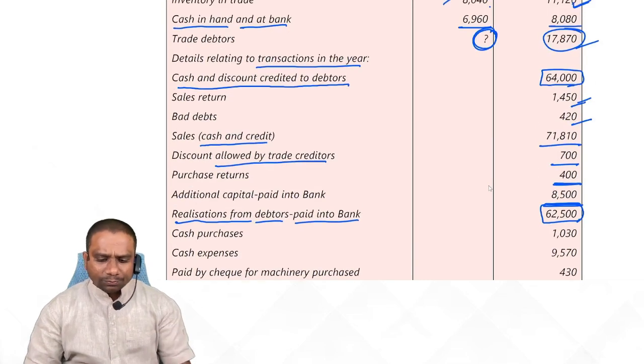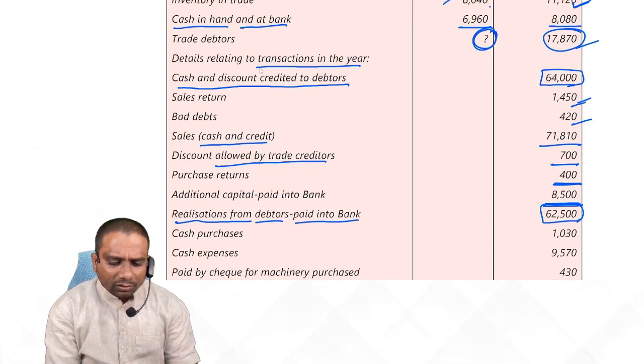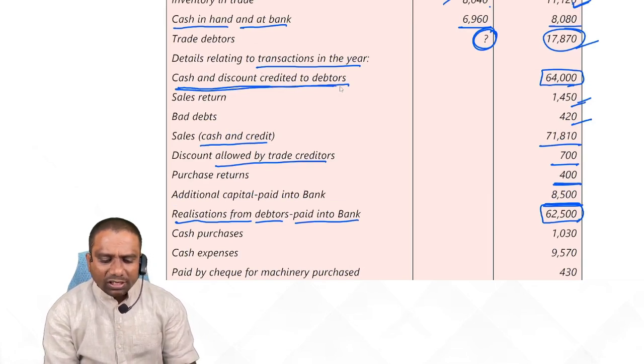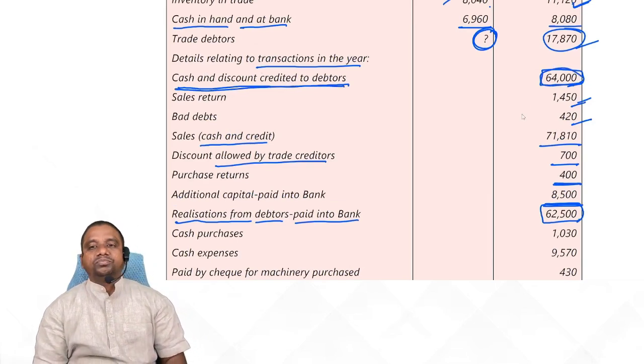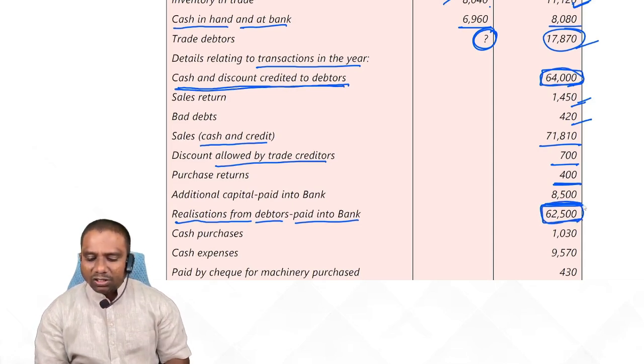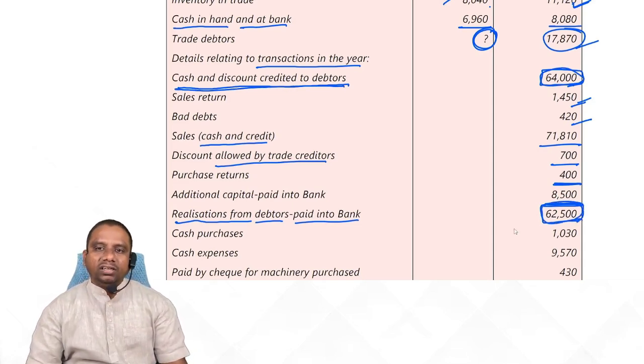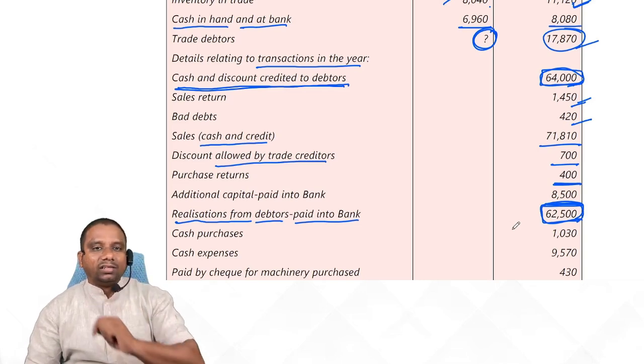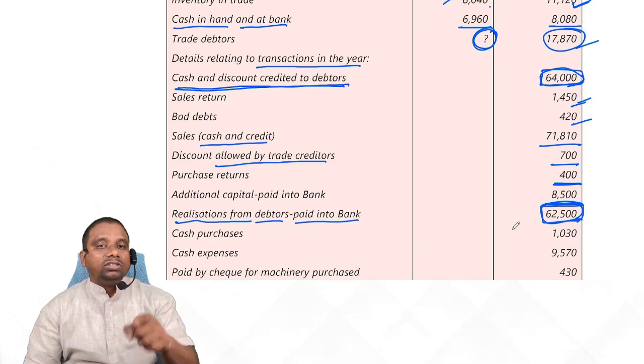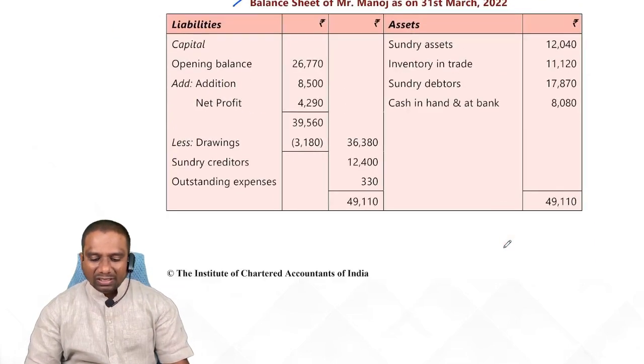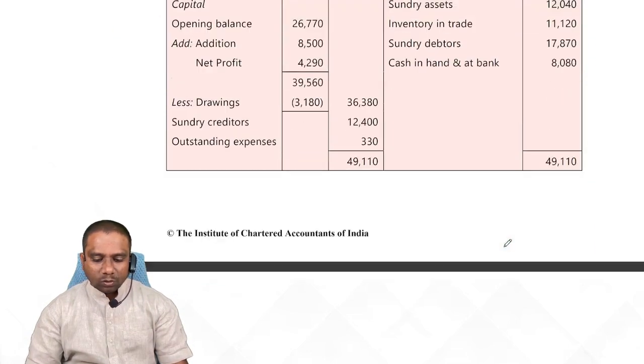Now, if you observe, cash and discount credited to debtors 64,000. Out of that, how much amount received from debtors bank? 62,500. Remaining amount is nothing but what? Discount allowed to debtors. And that discount is shown P&L account debit side. Observe students, that is important point here.